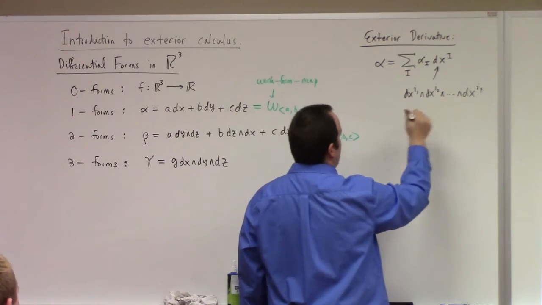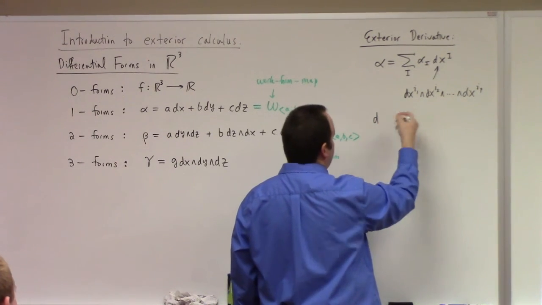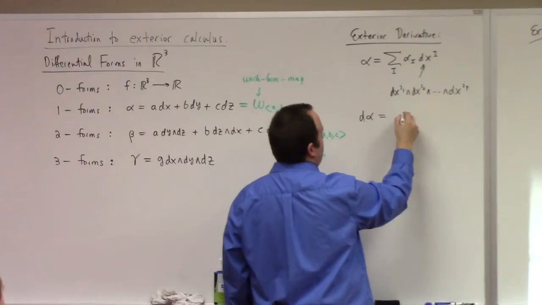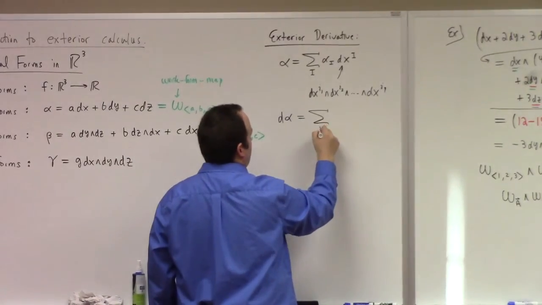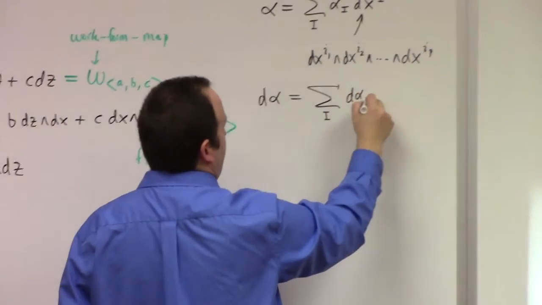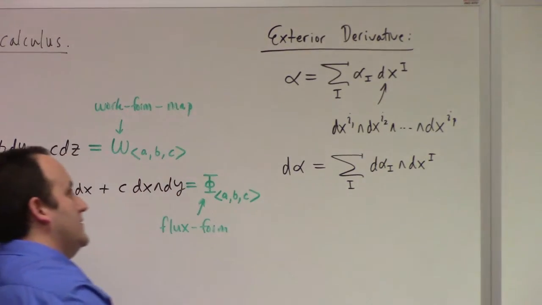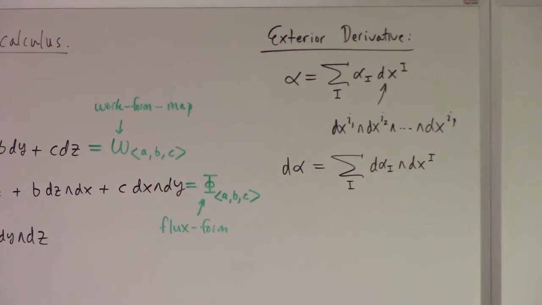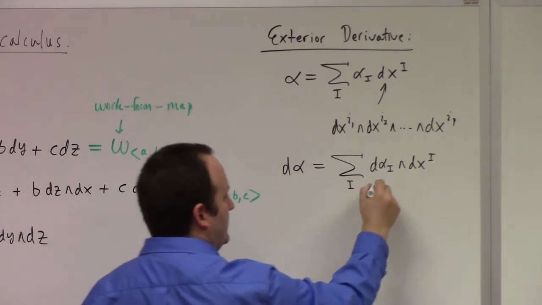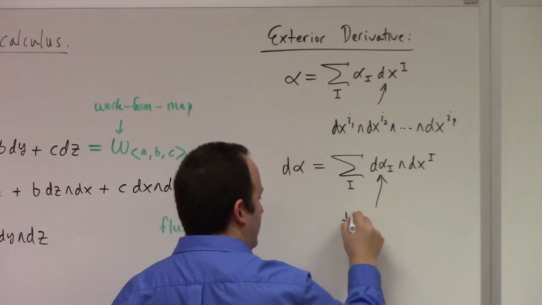Now, the exterior derivative of alpha is equal to the sum over I of d alpha I wedge dx^I, just like that. Basically, the exterior derivative here is just the total derivative.